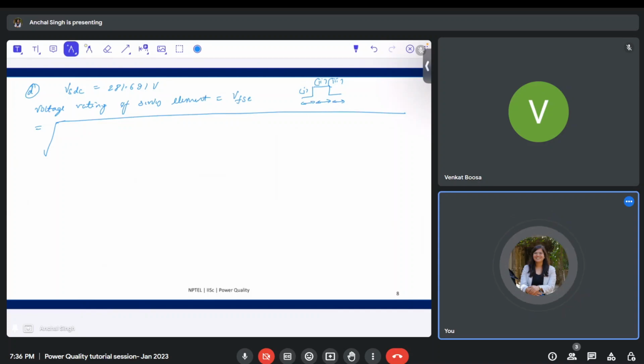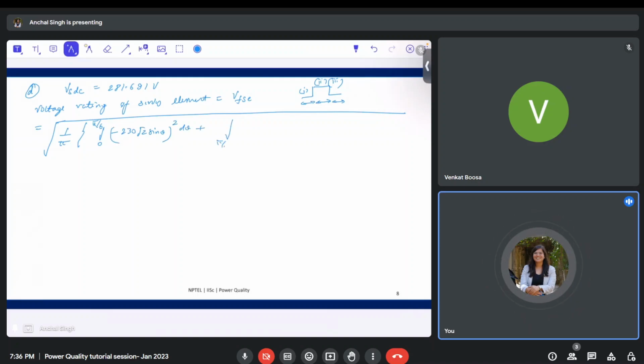In the first and third case, the square wave value will be zero, but only the load voltage will be Vm sin theta, right? So if you look over the pi interval, from 0 to pi by 6, it will be 0 minus 230 root 2 sin theta square d theta.